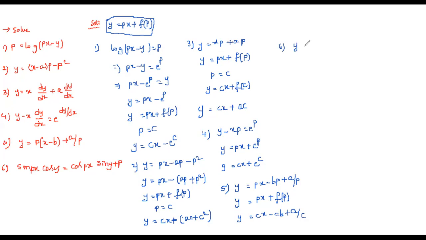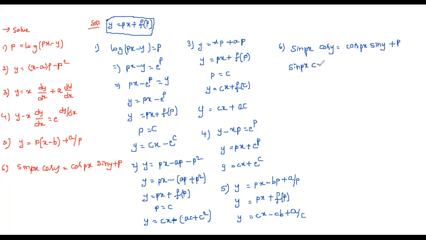So sixth problem, that is not directly in the form of that. We need to convert it into that form. So what they mentioned: sin px cos y is equal to cos px sin y plus p. Now you can take this right hand side term in terms of trigonometry to the left hand side.